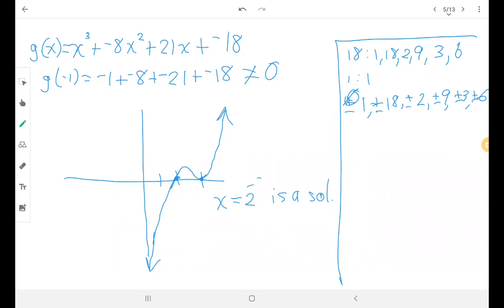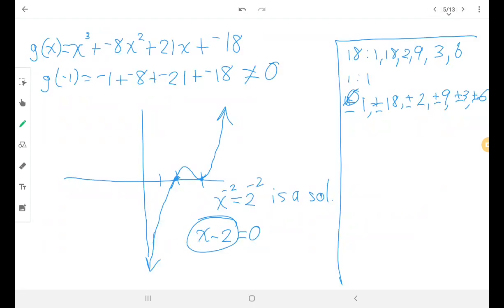So then I solve that so that it equals 0. So I have x minus 2 equals 0. And then I can use this to do the long division. Okay, so I will do the long division here.